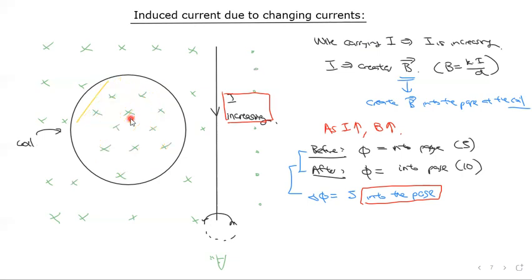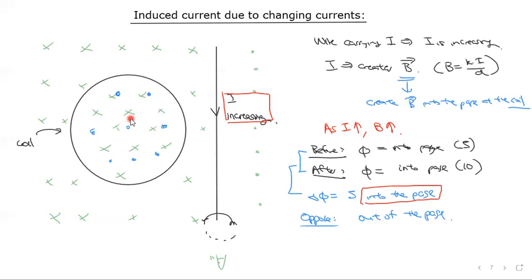So it's going to cancel the membership of some of them. You're going to bounce them out. So you now want to create anti-members, if you like. You now want to create out of the page. So to oppose that, you want to create out of the page.